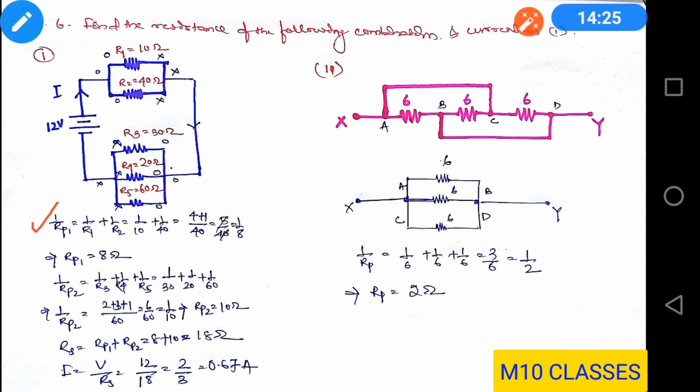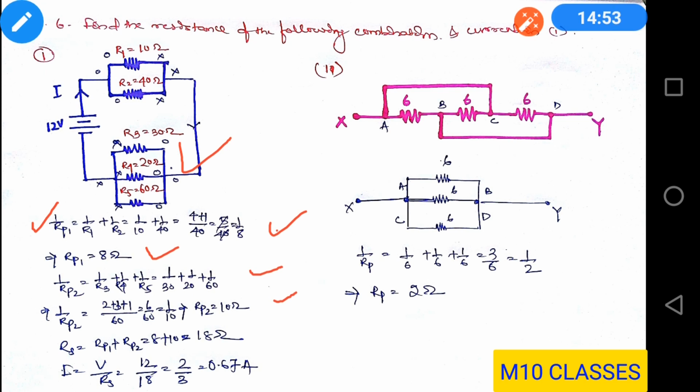I am getting 1 by Rp1 equals 1 by 8. So taking the reciprocal, Rp equals 8 ohm. Now secondly, in this case, you have 3 resistors in parallel. Again, if they are connected in parallel, for their equivalent resistance, let it be Rp. So 1 by Rp2 equals 1 by R3 plus 1 by R4 plus 1 by R5. So we get Rp equals 10 ohm.